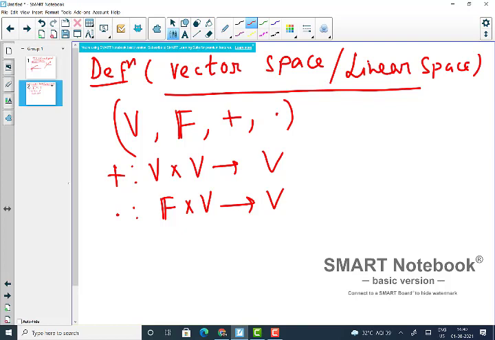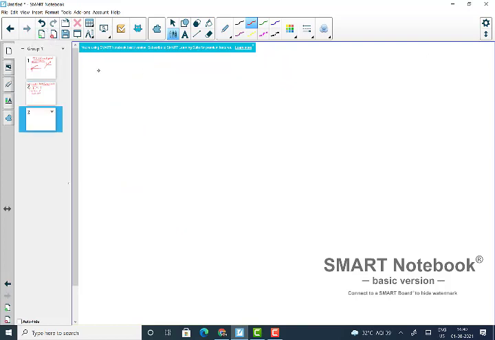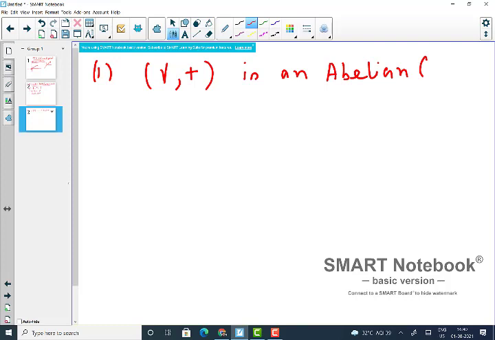So what are the properties to satisfy? Property 1: with respect to the map plus, this is an abelian group. I'm assuming that you have already learned the basic ideas of group theory and field theory in your undergraduate course.